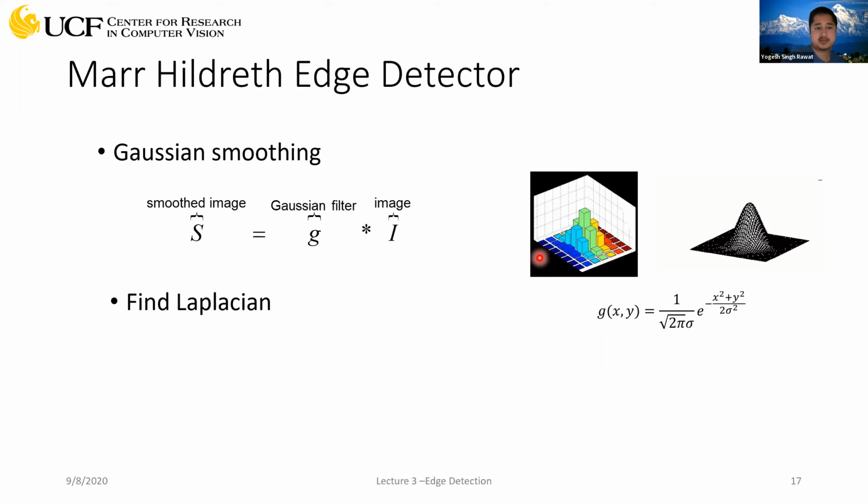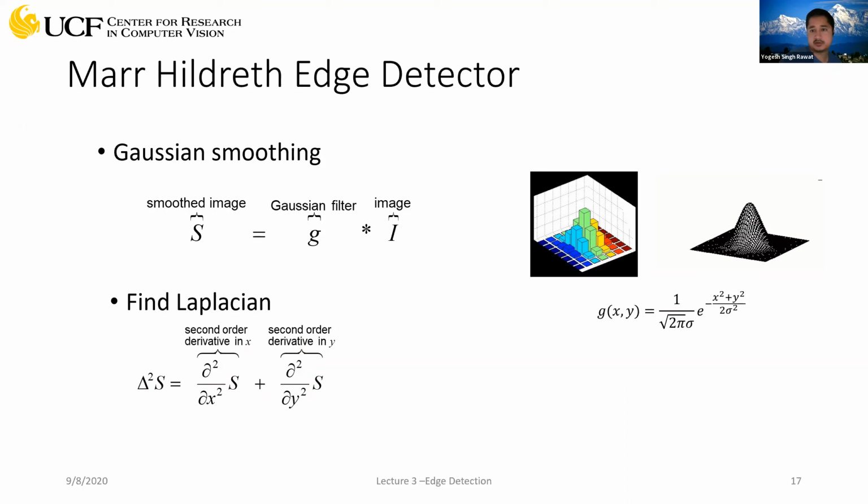Now, the second step is to find the Laplacian, and Laplacian is nothing but you have to compute second order partial derivative with respect to x, and then you have to compute second order partial derivative with respect to y. You just add up these values, that will give you the Laplacian.